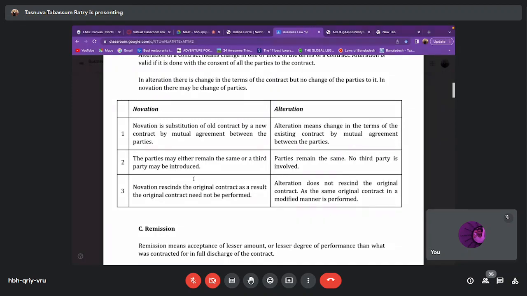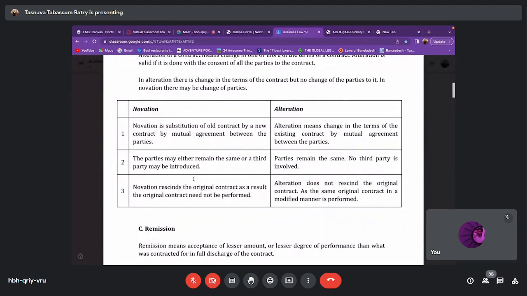Another difference is in alteration there is no change of parties. In novation there are changes of parties. Now, why am I giving so much emphasis on methods of termination is because you will definitely get one question from essay questions.